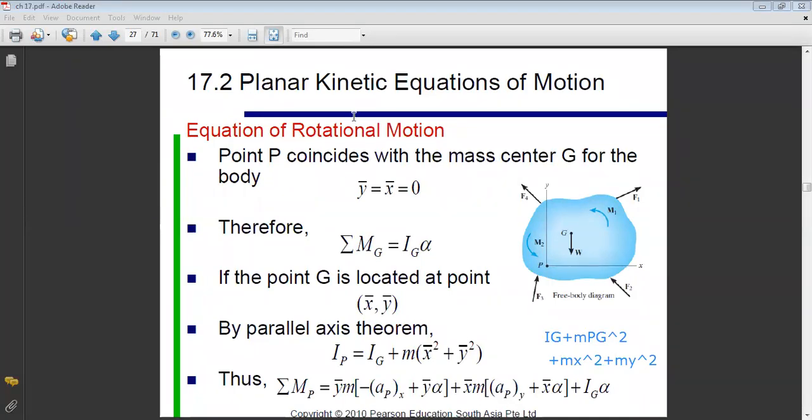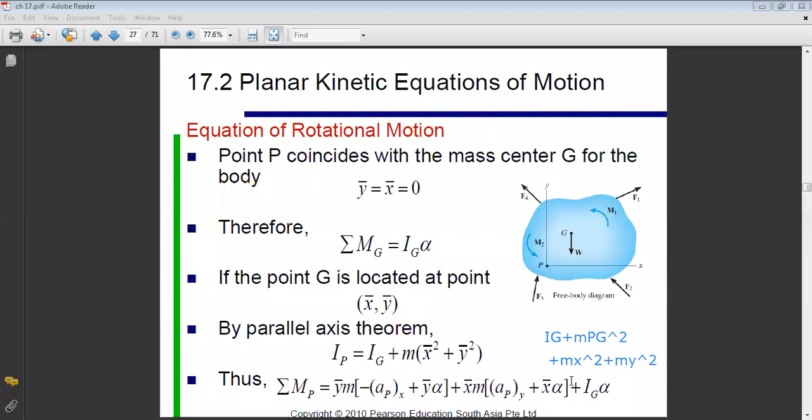So taking mx bar as factor, I get mx bar times APY plus x bar alpha. And taking y bar m as factor, I obtain y bar m times minus APX plus y bar alpha. So all I did was consider terms that have y bar m and x bar m in common and take them together. Is it clear how we obtain this equation?